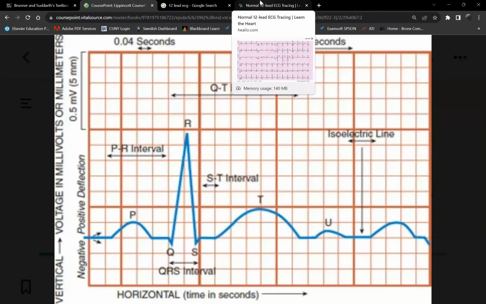So how much is the less than? 0.08, correct? So is it less than 0.12 seconds? Yes. Some abnormalities, though, usually when we're dealing with potassium imbalances, can cause the QRS to be either wide or narrow. Okay, so remember, it's time. It's time that it takes for ventricular contraction to occur. So ventricular contraction can either be long or short. And of course, the longer it is, what happens to cardiac output? It will drop.